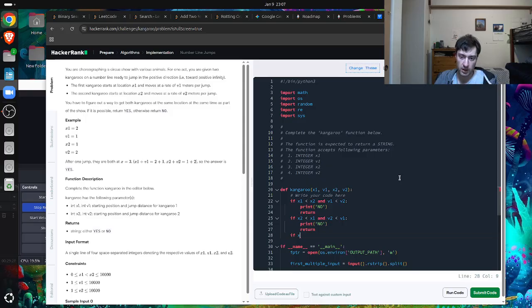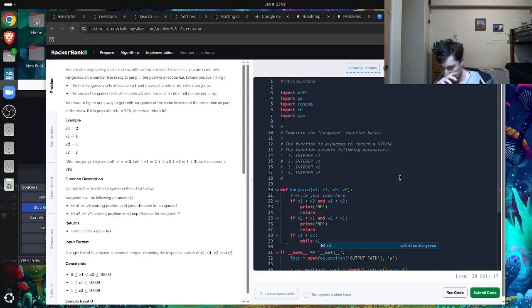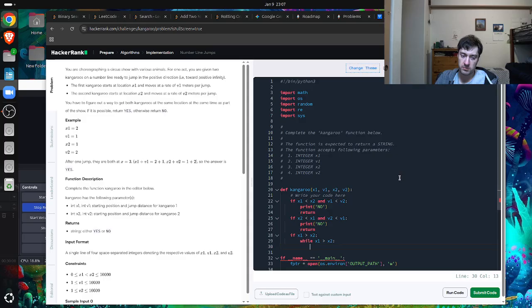So I'm going to say if x1 is greater than x2, kind of like this, while x1 is greater than x2. So once they cross over, then we want to stop this loop.